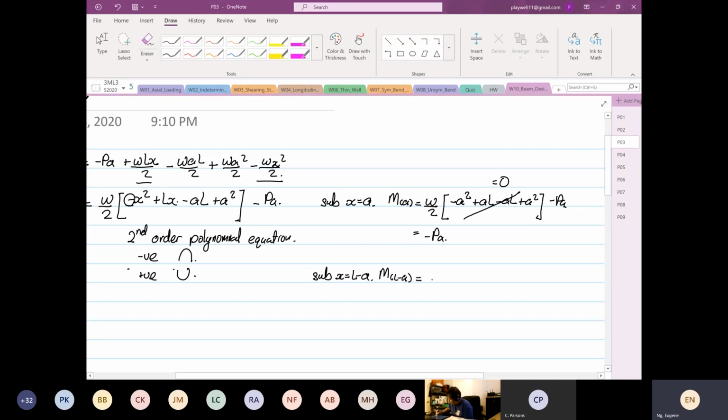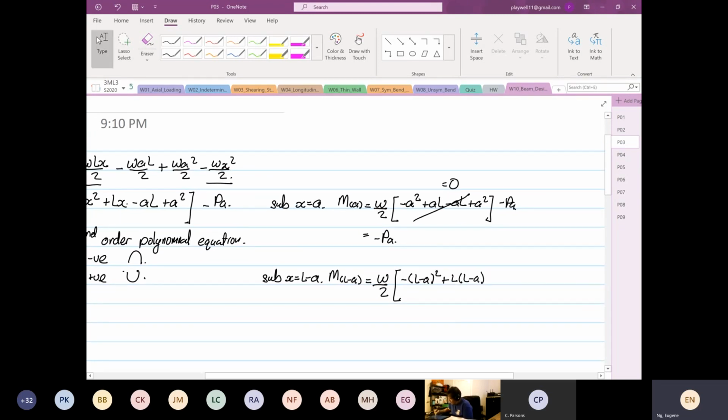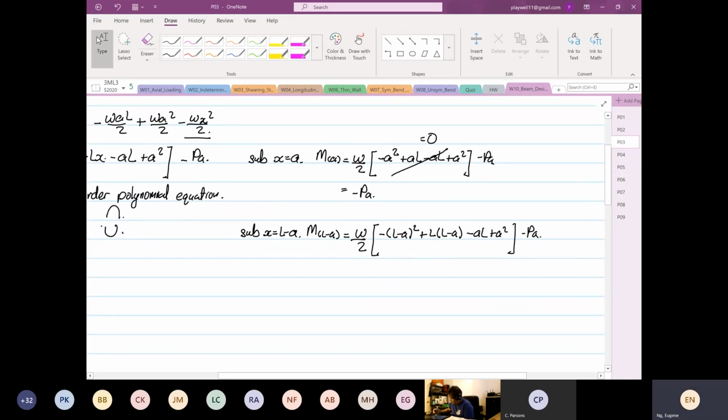So let's try this. So now we have minus (L minus A) squared plus L times (L minus A), minus AL plus A squared, minus PA. So from now we don't know, so we're going to expand it. I also don't know, but I know that what you say makes sense.